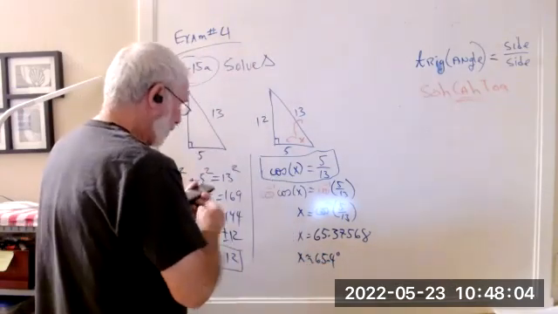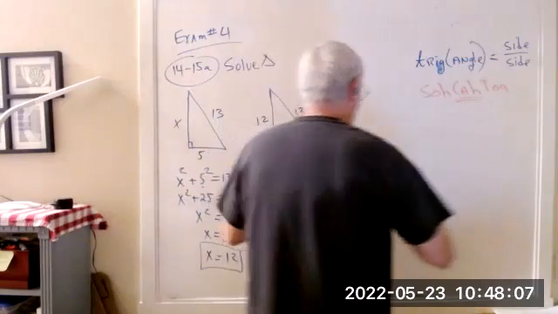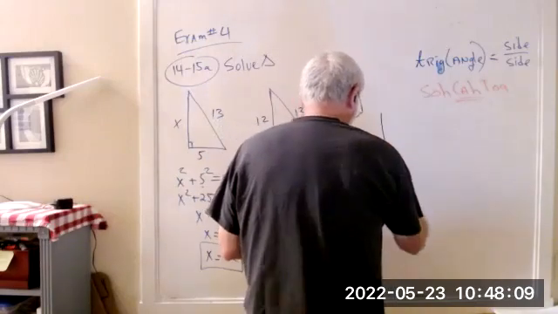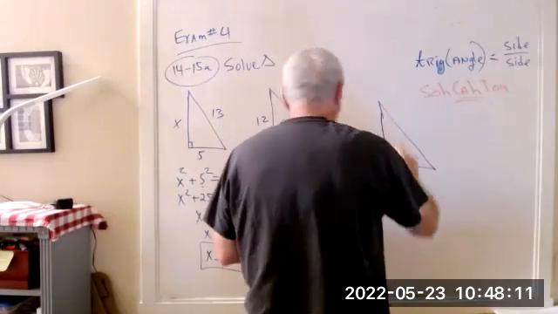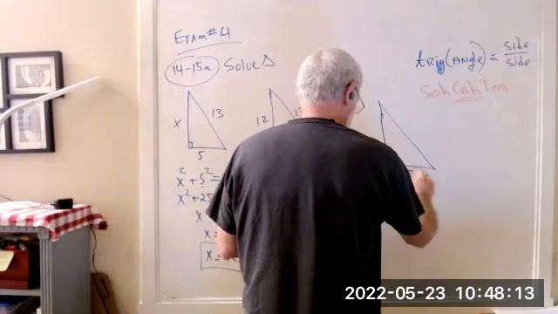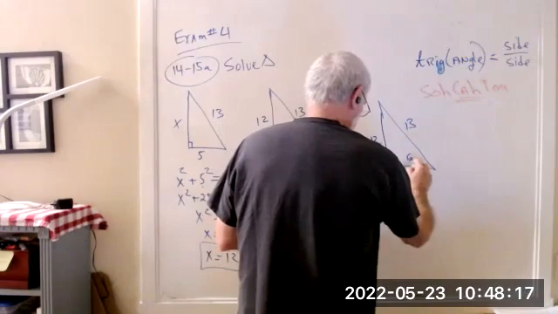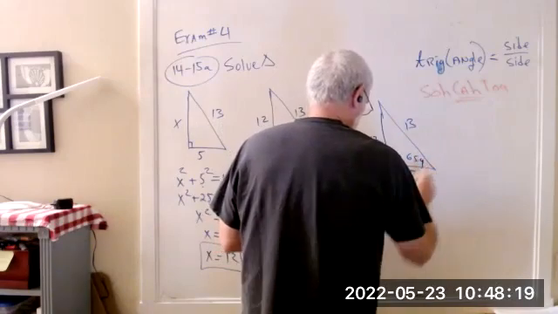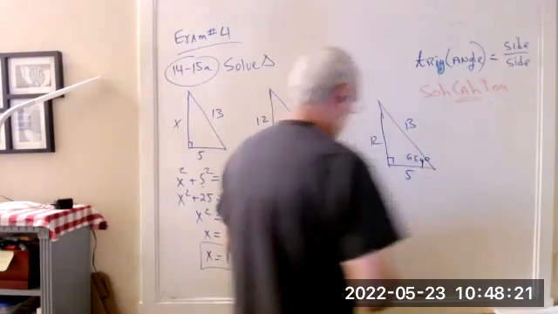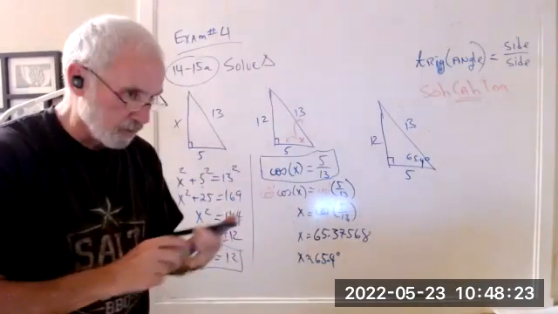Okay, so now my picture looks like this: 5, 12, 13, and 65.4 degrees. I'm not quite done, but we're almost there.